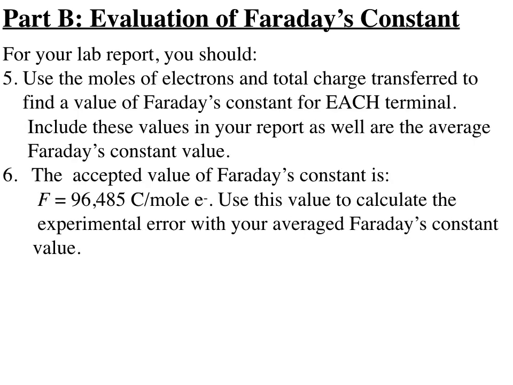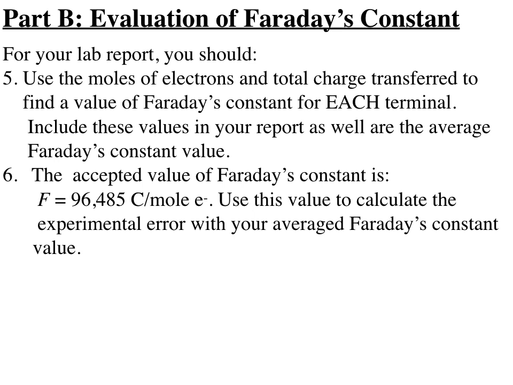Then what you should do is take the moles of electrons transferred for each terminal and calculate a Faraday's constant for each terminal by dividing the moles of electrons transferred to each by the total charge that is delivered to each. Now, each of them has the same total charge delivered to it.